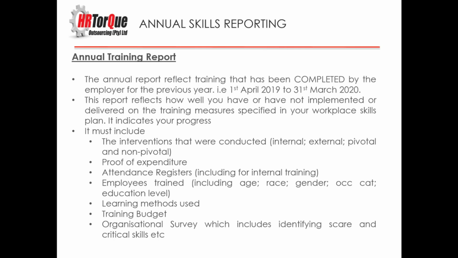Then employees that were trained, including age, race, gender, occupational category, the learning methods used, and this will obviously be specific to your SETA, what your training budget was, and then an organizational survey, which includes identifying your scarce and critical skills.